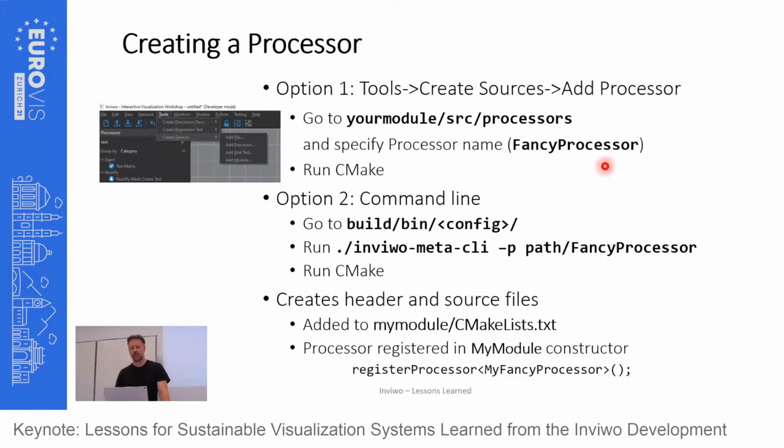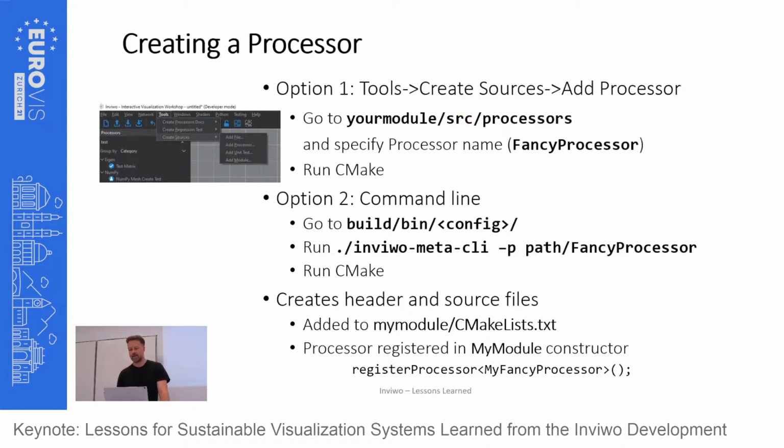Once you have done this for modules, you might want to add your processors, so same thing. You have your module, and then you add your own processor, and then you can start developing in a simple IDE maybe, and compile, and this also works during runtime, by the way.